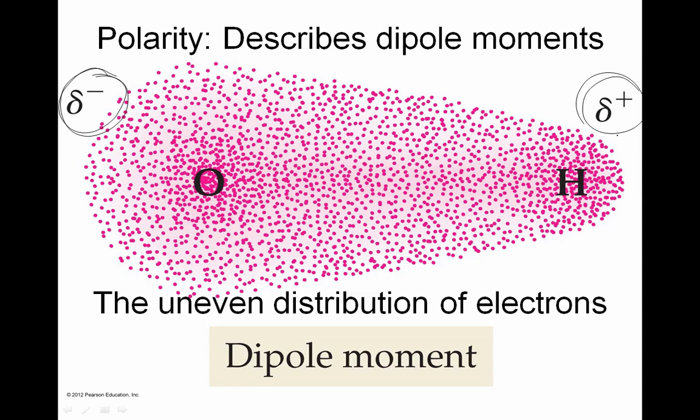Oxygen bonded to hydrogen is a covalent bond, not ionic, and yet the majority of the electrons are going to want to surround the oxygen as compared to the hydrogen. Why? Electronegativity differences. The oxygen is a great deal more electronegative than hydrogen, so it's going to pull a lot more of the electrons toward it. And that's what's called a dipole moment.